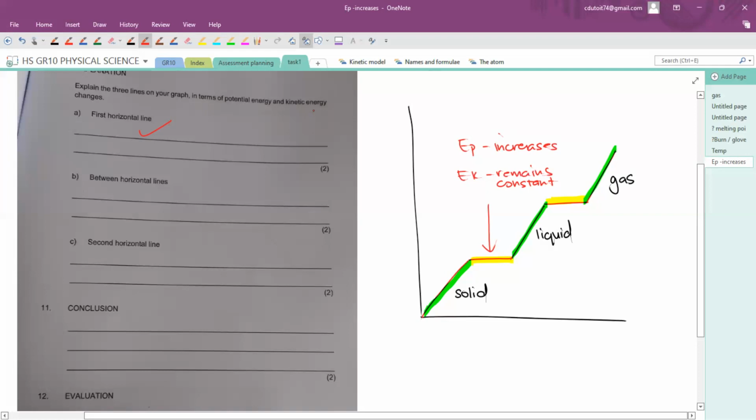In the first horizontal line, the potential energy increases, but the kinetic energy remains the same. Between the horizontal lines, we have those green lines. In all the green lines, doesn't matter which they are, the kinetic energy increases and the potential energy remains constant. Second horizontal line. Well, it's the same.